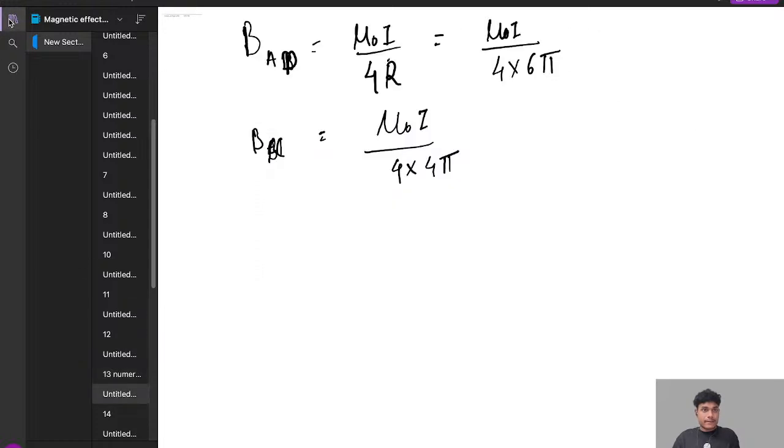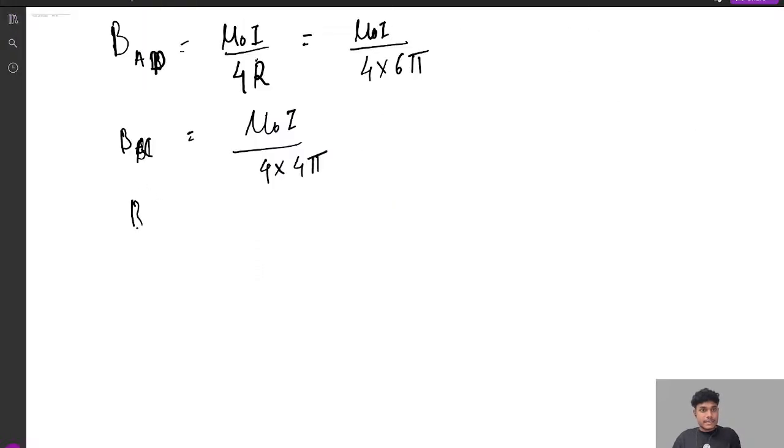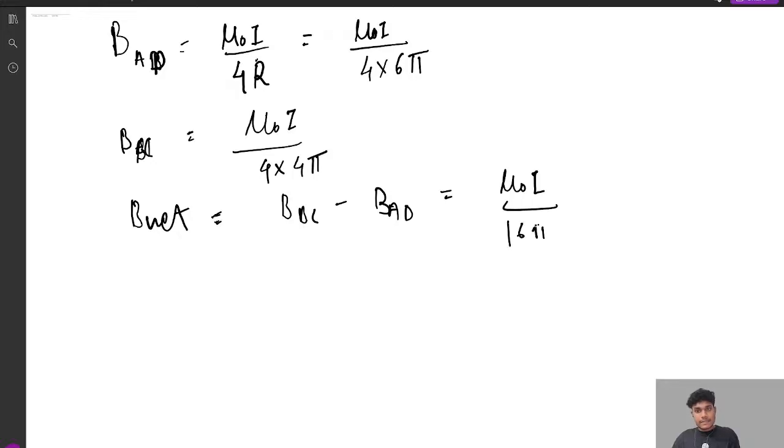Okay. From here we get B net is equal to B due to BC minus B due to AD. From here we get mu naught I upon 16 pi minus mu naught I upon 24 pi. Understand?